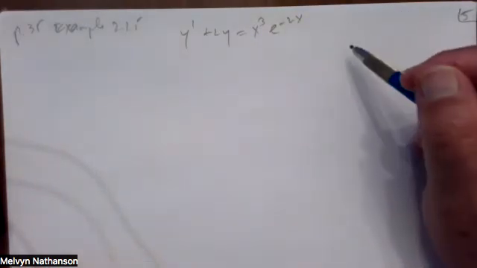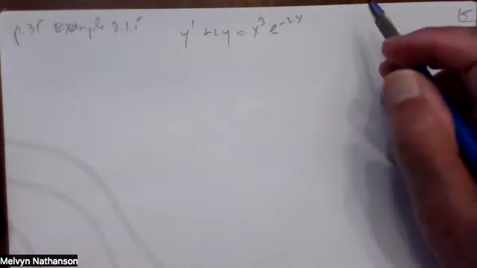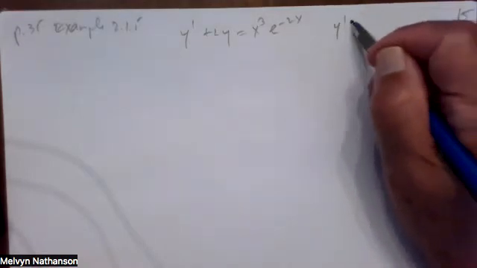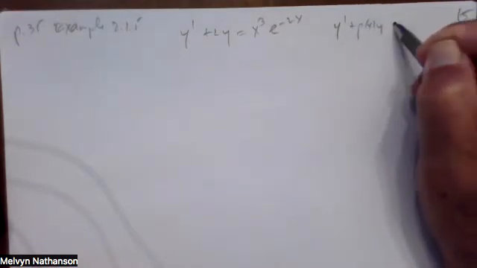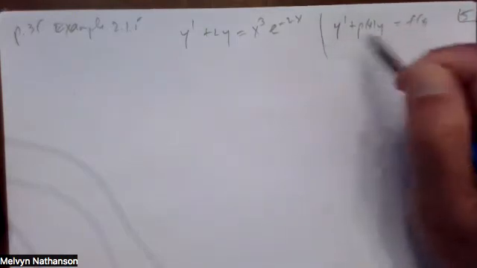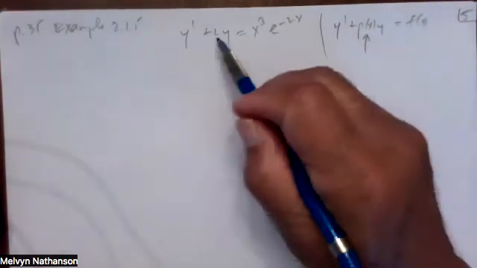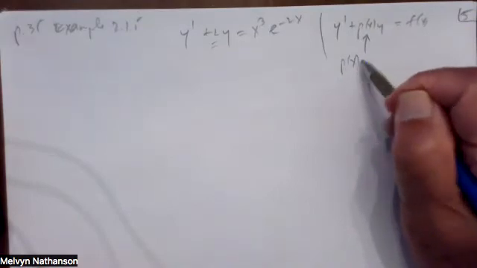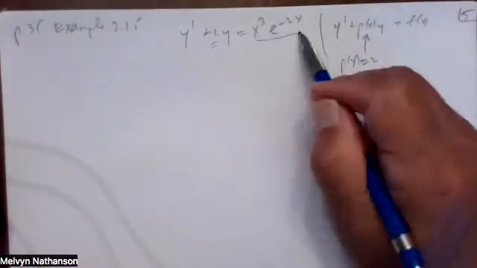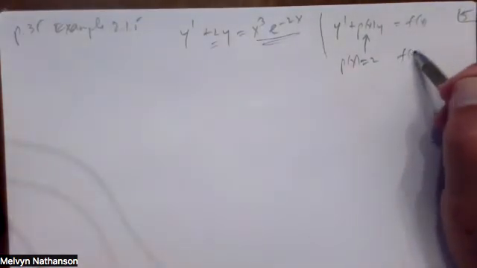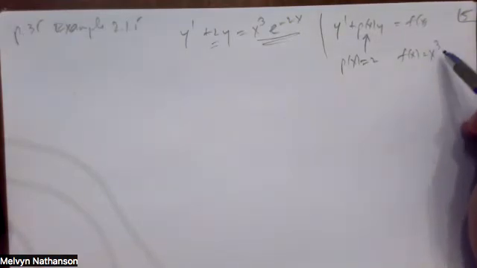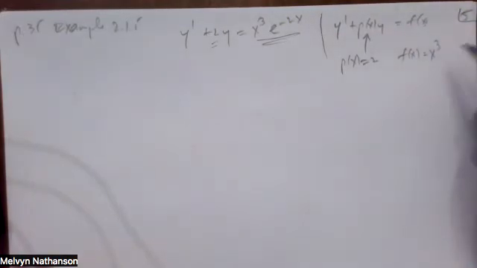So if you think of the general form of the linear equation being y prime plus p of x y equals f of x, in this case, my p of x is equal to 2, and my f of x, the right-hand side, is x cubed e to the minus 2x.